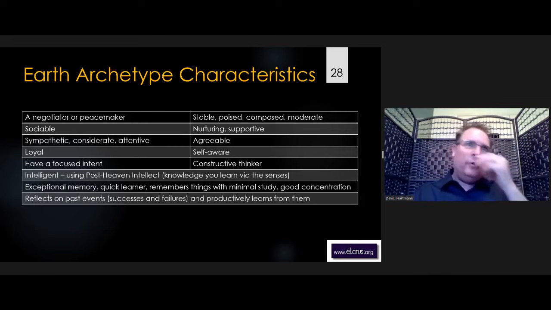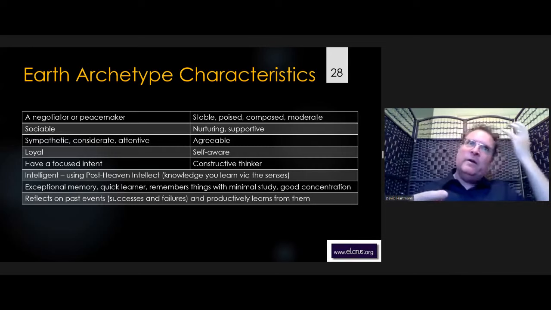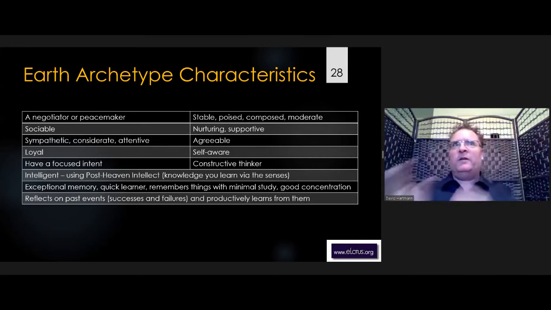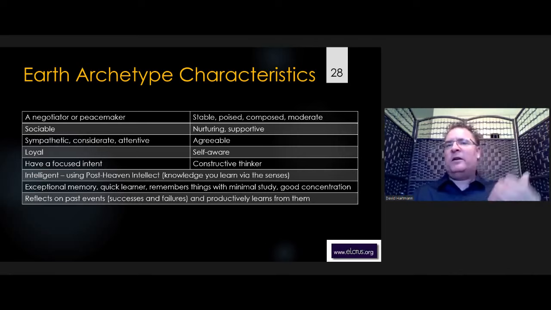What's good about an earth archetype is they never do that. They don't point, they don't swear, they're not rude, they don't say do this, do that. They guide you in a way that at the end of the conversation you recognize the true worth of you, and you go in and tackle it, and that creates a lot more standing power, because you have decided on it as opposed to someone else telling you to do it.